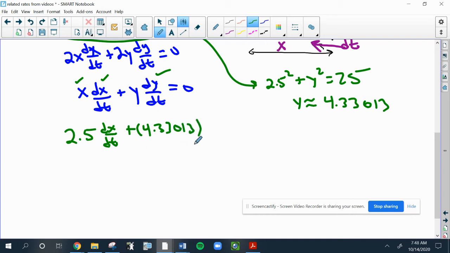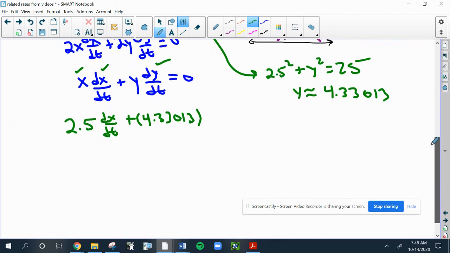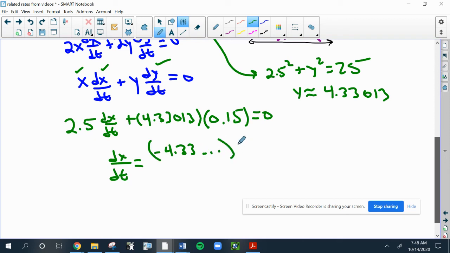And I'm going to use the number I got in my calculator, which is longer than this, just so I'm as accurate as possible. dy/dt is 0.15. And that equals 0. So solve for dx/dt. That will be negative 4.33, and that's whatever I got in my calculator I'm going to throw in there, times 0.15 over 2.5.